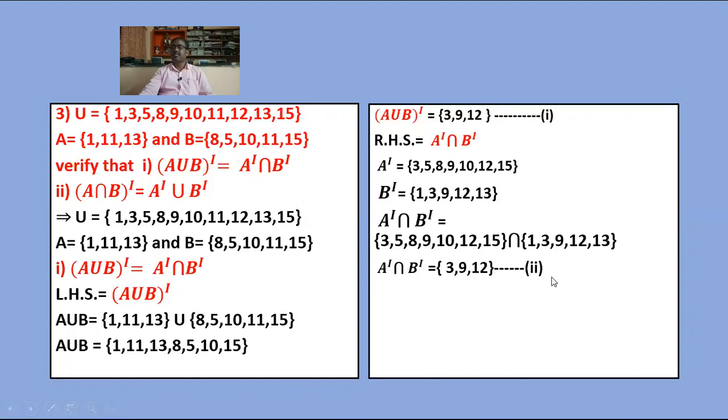We get equation number 2. From equations 1 and 2, both are the same set containing exactly the same elements. Therefore, LHS is equal to RHS. A union B complement is equal to A complement intersection B complement. अशा पद्धतीने हे सिद्ध होईल.